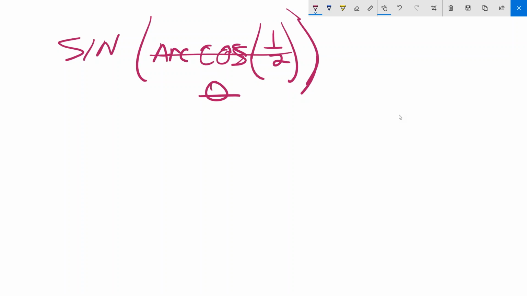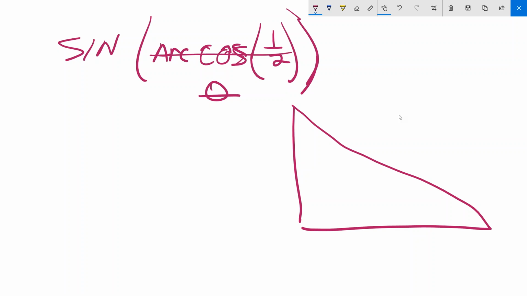And now I'm going to solve the problem by drawing a triangle, which very frequently is the best thing you can do in trig, is draw a triangle and label theta. Okay, you with me? Dimension 2 of the sides of theta. And tell me which 2.